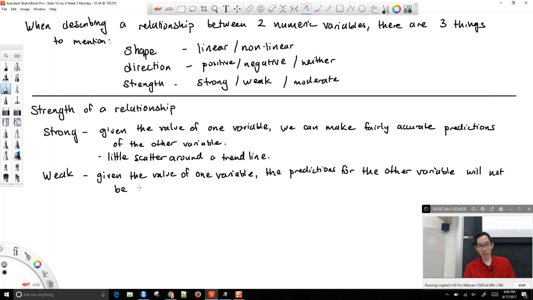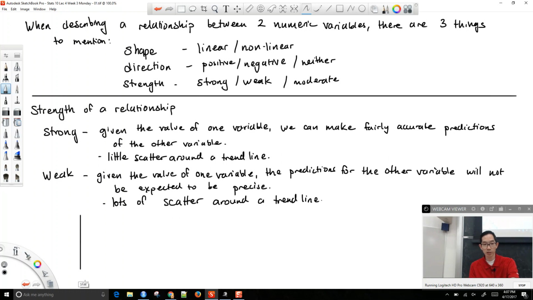Our predictions will not be expected to be precise. Or we can say there is lots of scatter around a trend line.